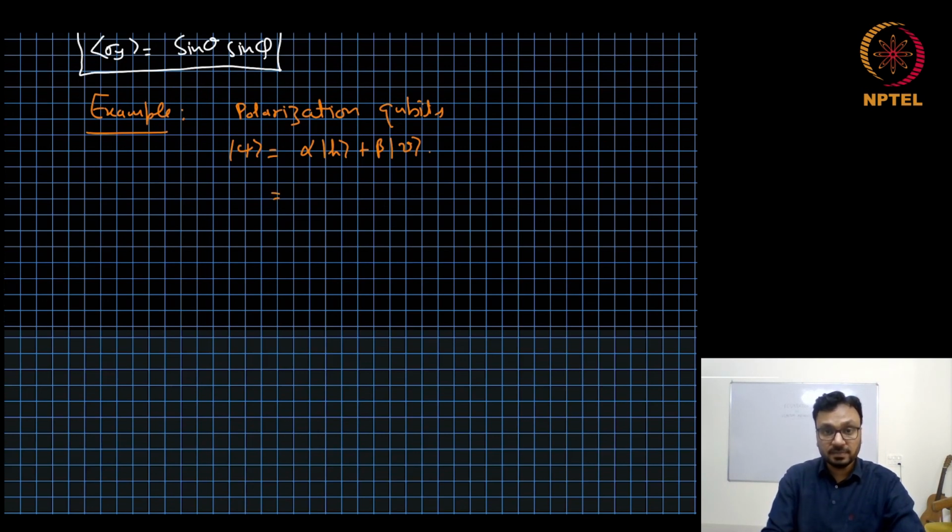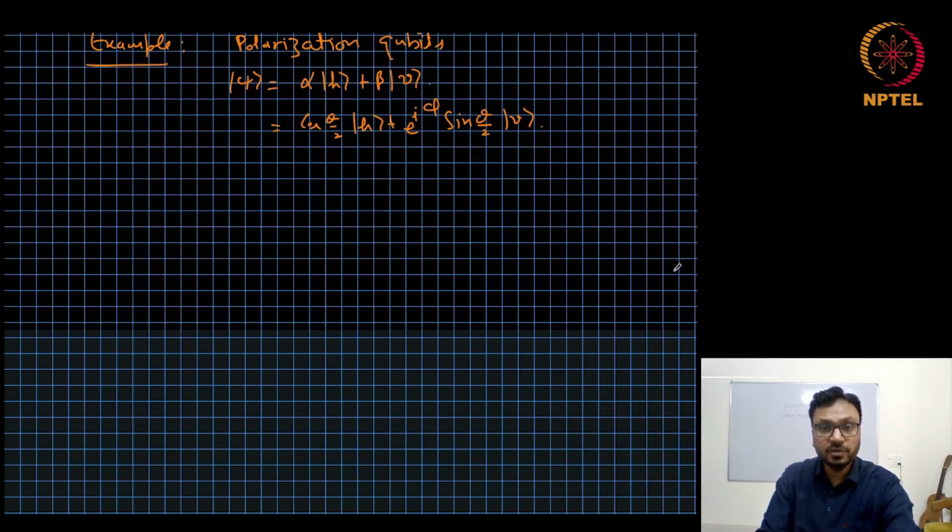We can, as usual, write cos of theta over 2 H plus exponential of i phi sine of theta over 2 V. Now our task is to design an experimental setup to find this alpha and beta, or theta and phi. In order to do so, first we choose the basis. Choice of basis.